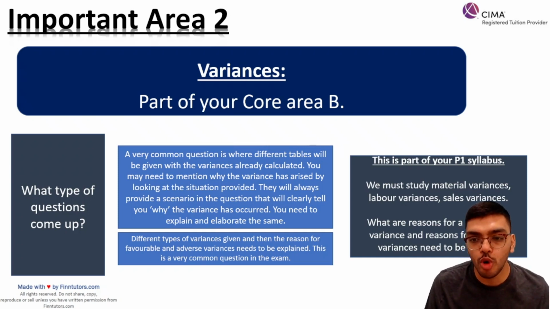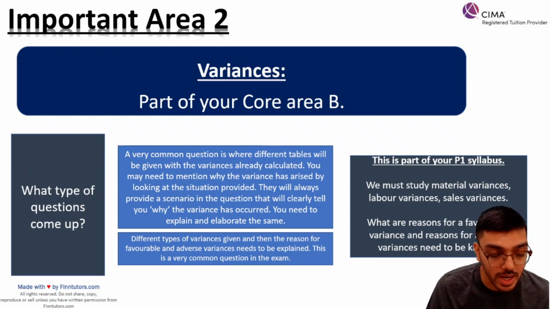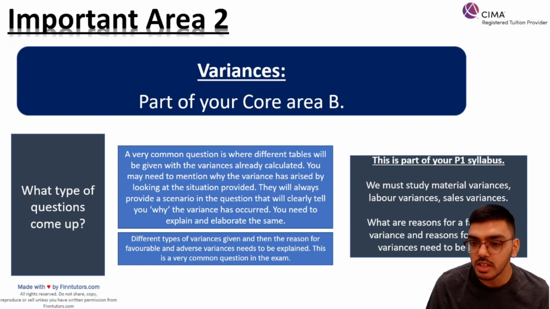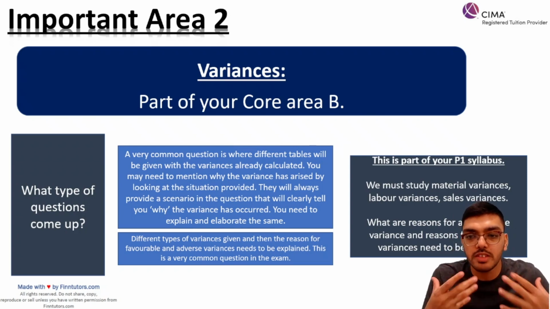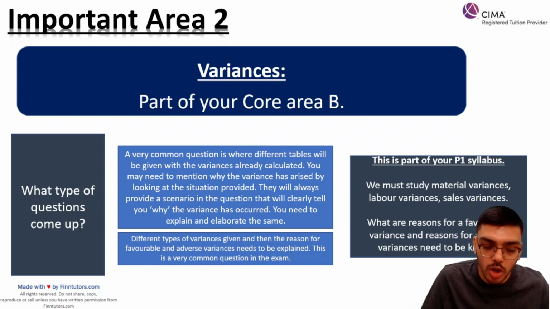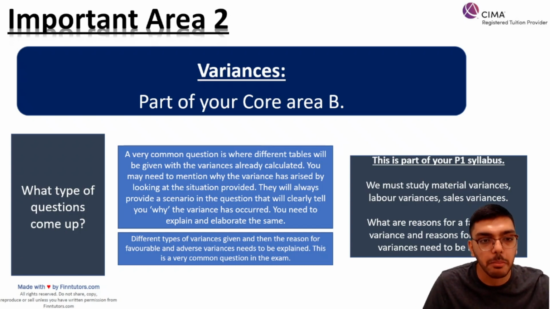So you should know what each variance means, why it can occur or why it occurred, in simple, easy terms. So just think sales price variance, for example. Why would it occur? What would be the reasons for a price variance to occur? If you can answer those two questions, you're on the right path.